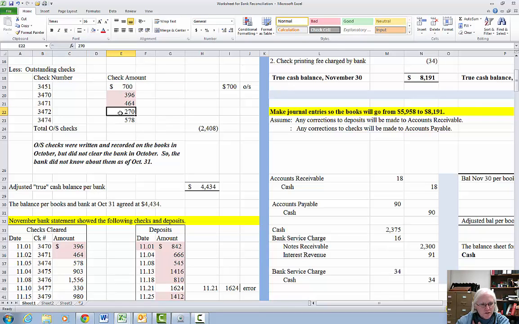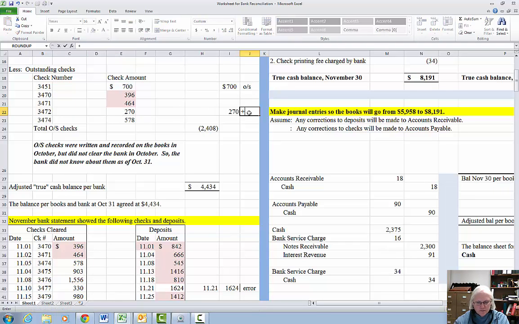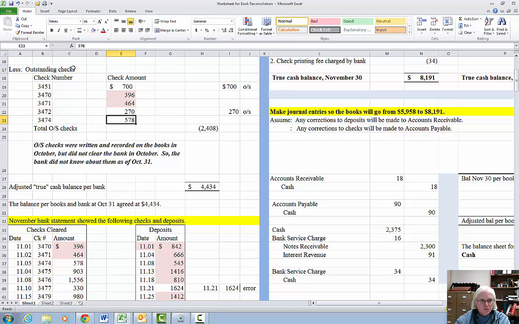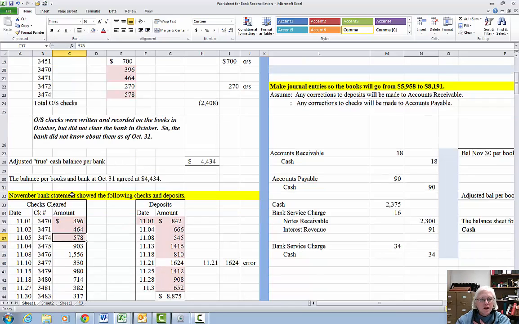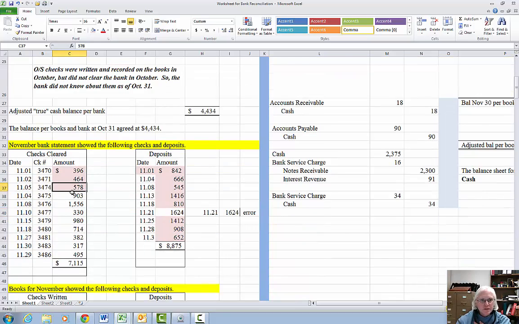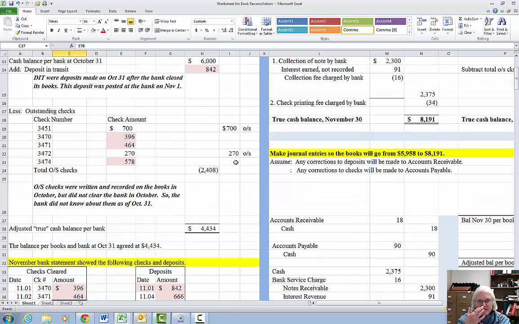Check number 3472 did not clear the bank, so I'm going to add it over here in my outstanding check notations. $578 for number 3474 did clear the bank. So I'm going to show that it cleared. Pink is what I'm wanting. Alright, so we took care of that piece. We still have two checks that are outstanding.